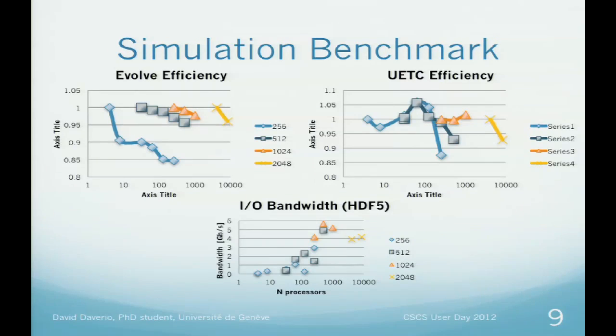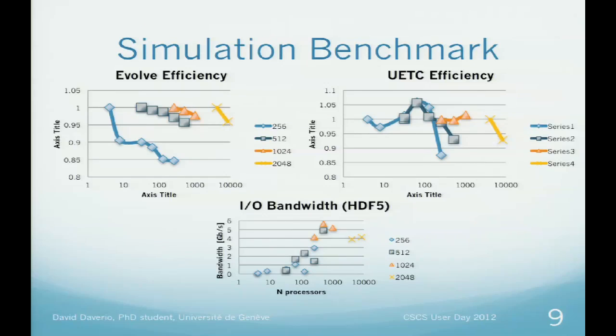For a 2056 lattice, we are able to use up to 2056 cores with 85% efficiency. No, that's not completely true because I start at 4, so I think it's more like 82 or something like that.